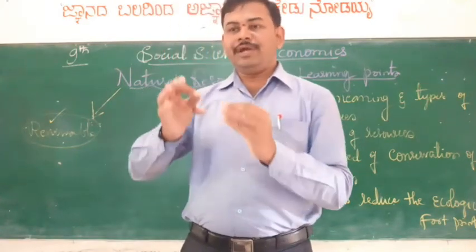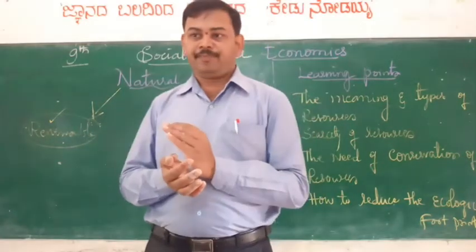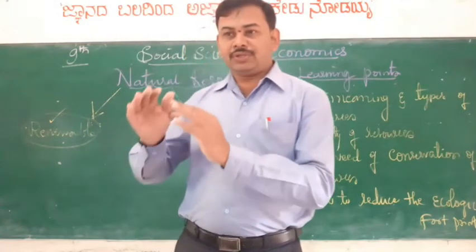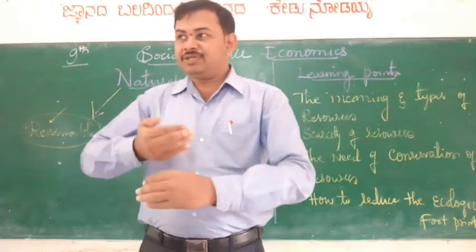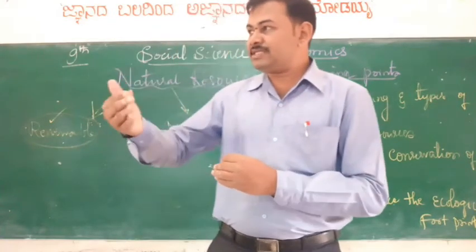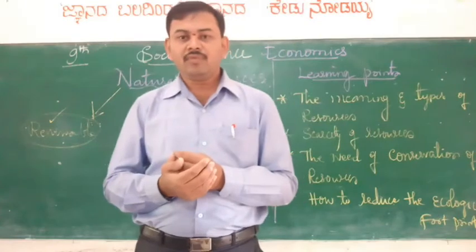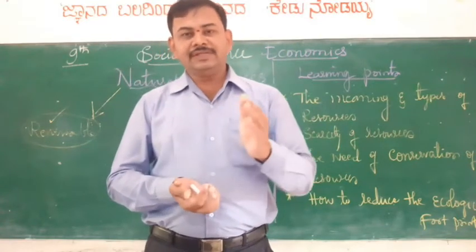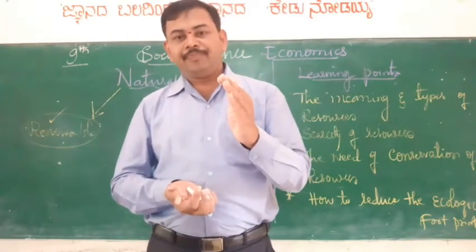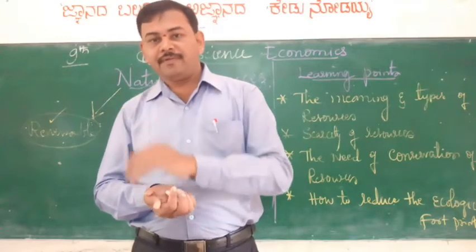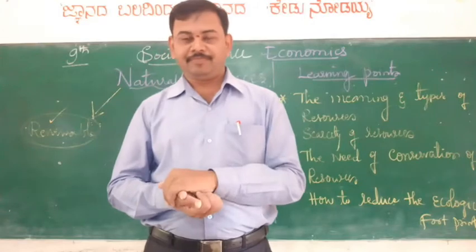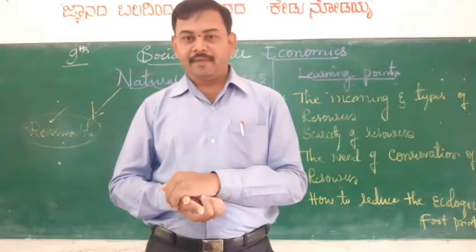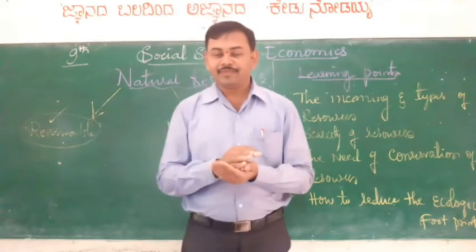Nature, through its natural process, goes on replenishing them. We can give the best example of sunlight. See, as the day goes off, the night comes. Got it? But it will not end always.